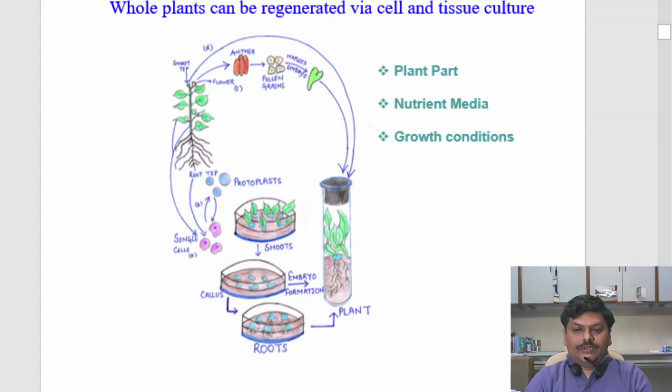What type of growth conditions, say for example light conditions, temperature conditions, humidity, and other things are provided so that the chosen plant part on a chosen media gives us the intended product in plant tissue culture practices.